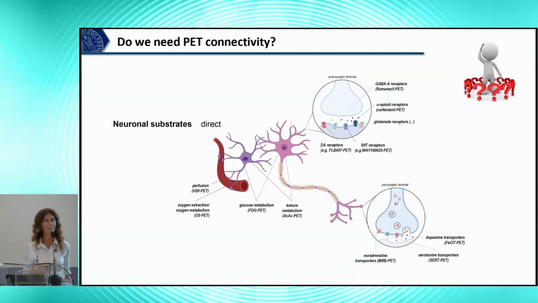Now we have something else that is cheaper, of course faster, and it's also not necessary to use radiotracers like in PET, so it's safer. So why come back? Why introduce PET again in this connectomic vision of the brain?